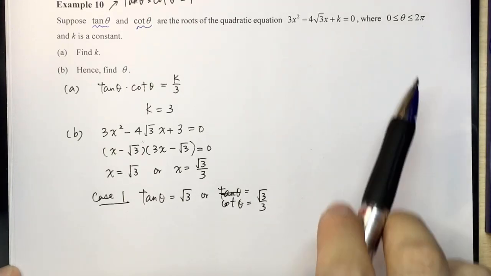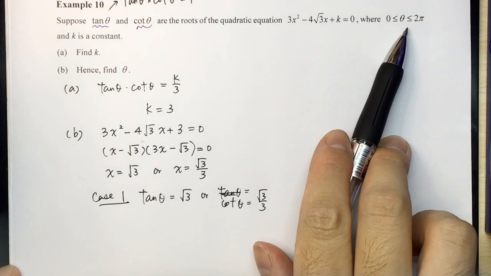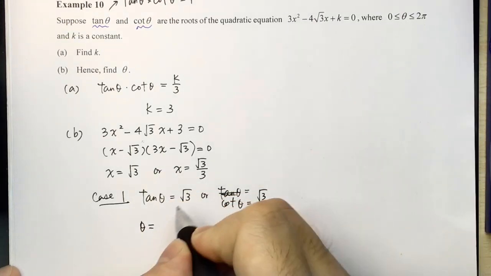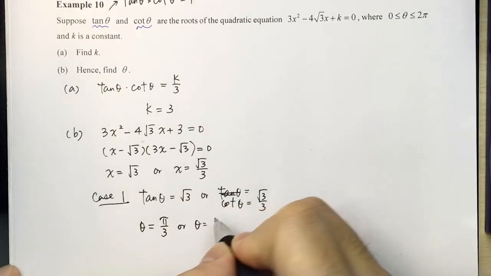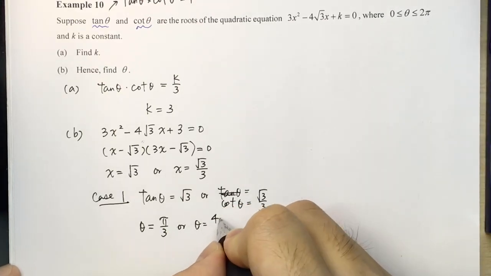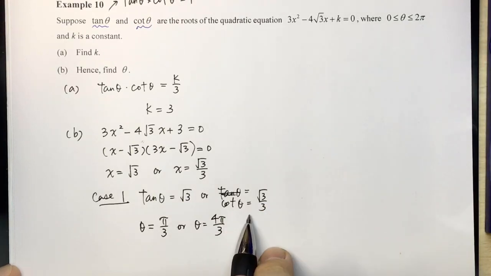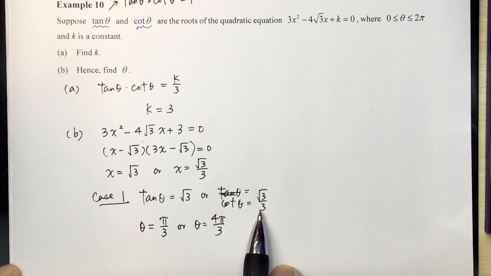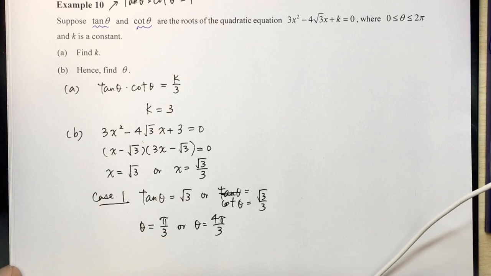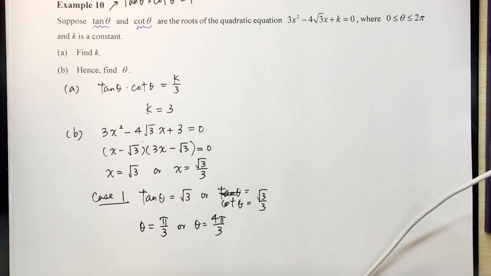For this one, the range is from 0 to 2 pi, and we know that theta here is pi over 3. And also we add pi to that, so we have 4 pi over 3 as well. What about this? This is the same as tangent theta is equal to root 3, right? When you consider the reciprocal, we have 3 over root 3, which is the same as tangent theta equals root 3. Okay, so case 1, we have theta is pi over 3 or theta is 4 pi over 3.